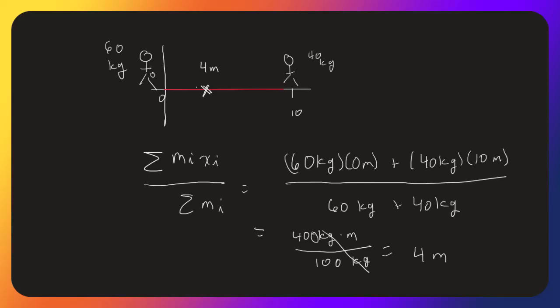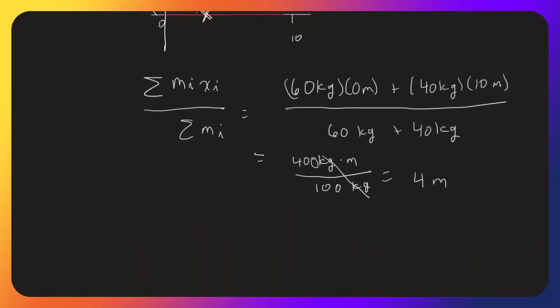That center of mass can't move. And so when I read the problem and see that they pull themselves towards each other, I say, well, when they meet, they have to be at that center of mass.